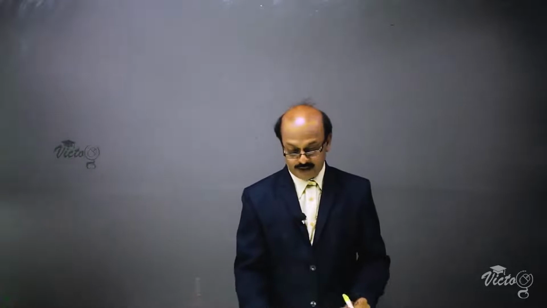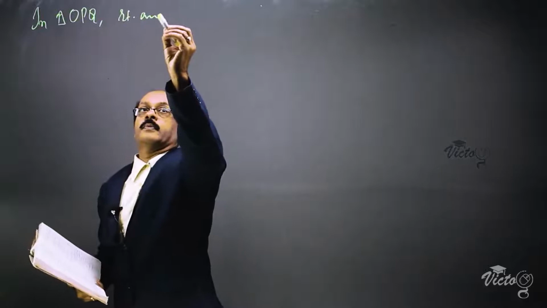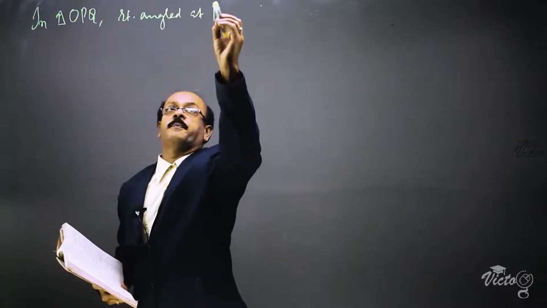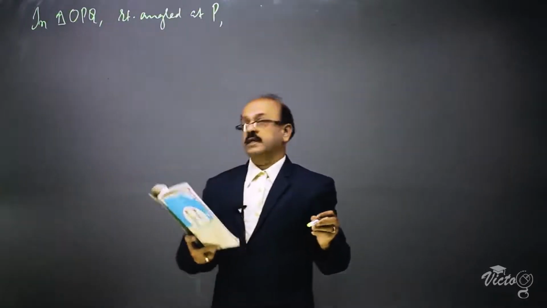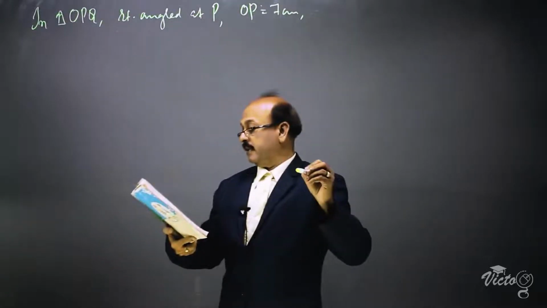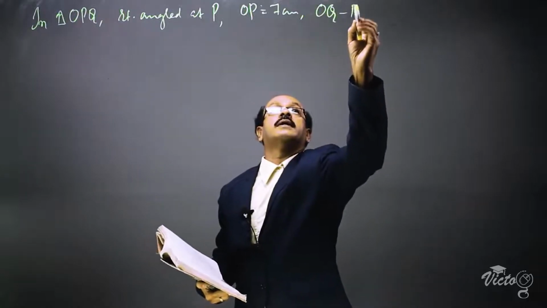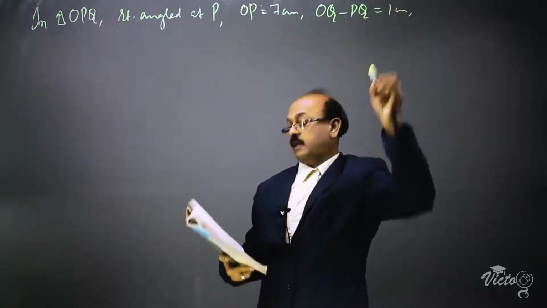The question is: in triangle OPQ, right angled at P, OP is equal to 7 centimeter, and OQ minus PQ is equal to 1 centimeter.